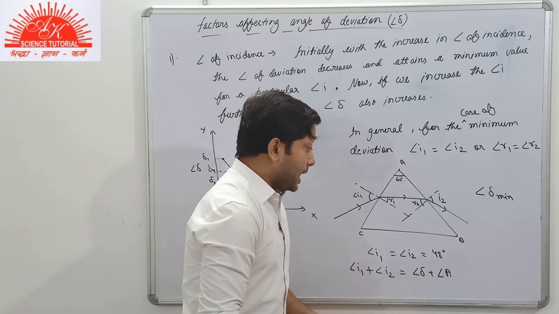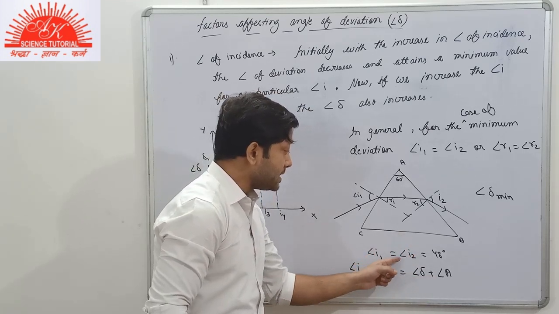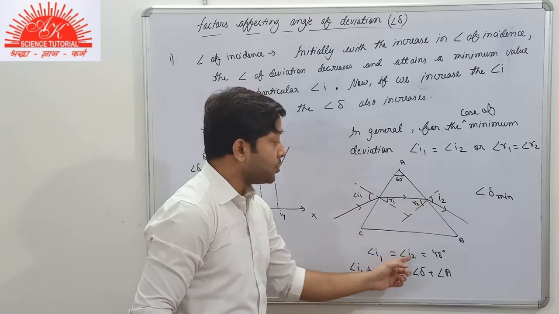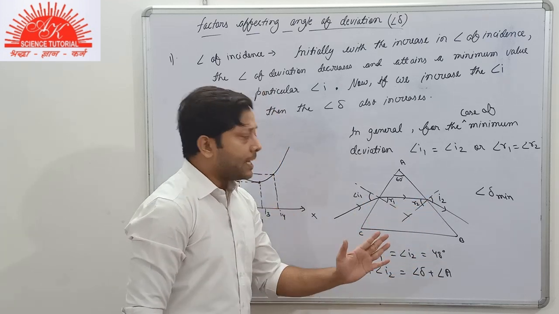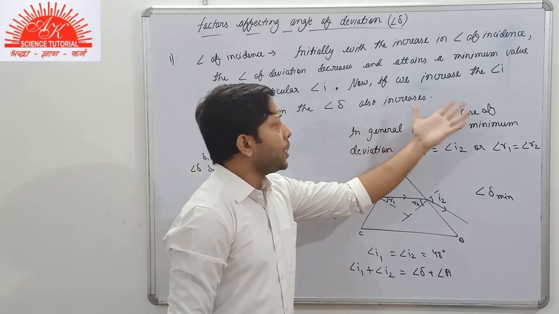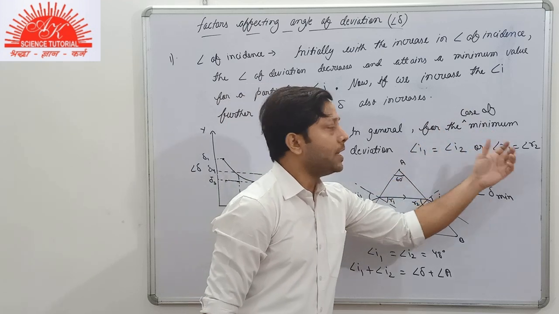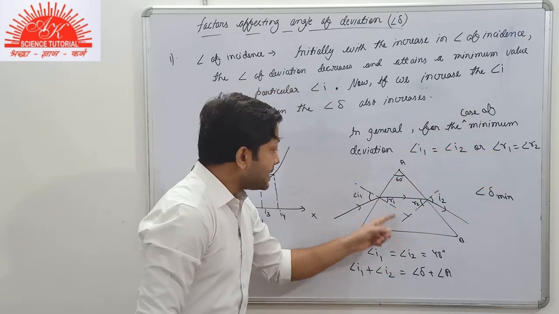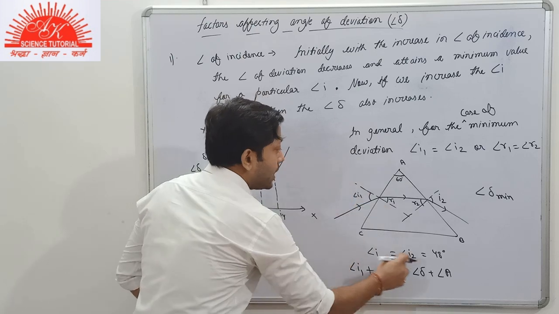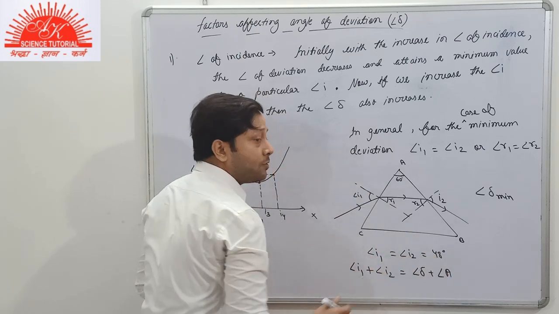For finding the angle of minimum deviation, I told you that the angle of incidence and the angle of emergence should be equal. In any type of prism, it is the general condition. If we talk about an equilateral prism or a scalene prism or an isosceles prism, it will be obeyed everywhere. But this is the particular condition for this case, that is, 48 degrees: I1 = I2 = 48 degrees.